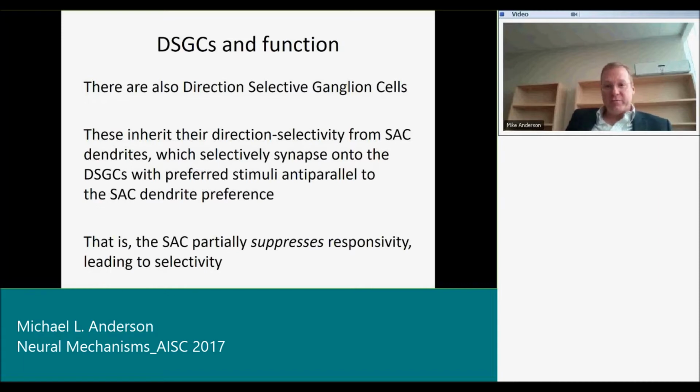And that suppression of responsivity actually leads to the selectivity of the direction selective ganglion cells. So there's actually no intrinsic mechanism inside the direction selective ganglion cells for motion detection, right? That direction selectivity is imposed on those cells by the Starburst amacrine cells, those dendrites, and those dendrites get their direction selectivity because of the way they are organized in a larger network.